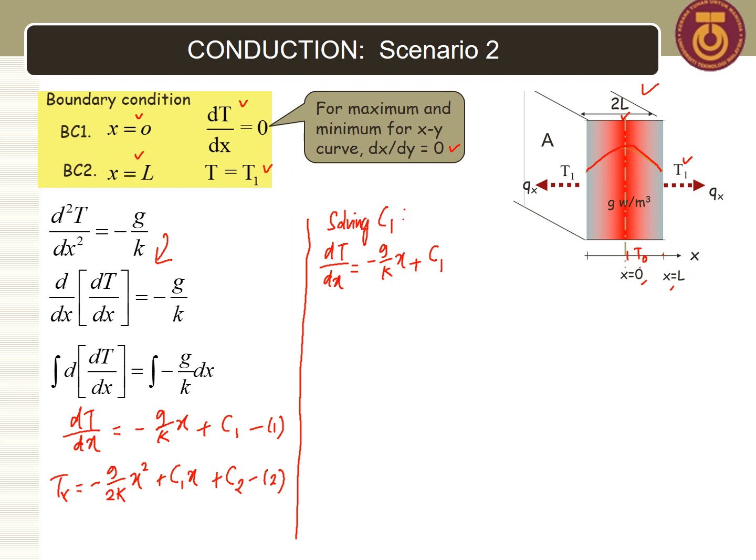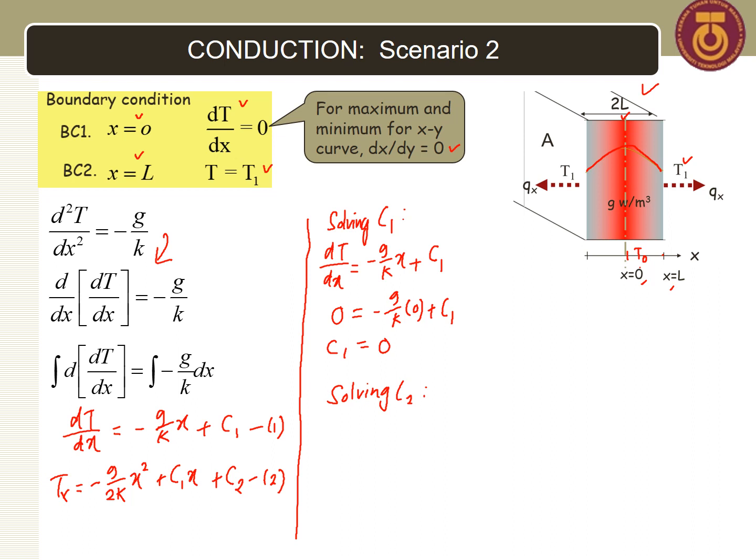When we consider boundary condition number 1, at this condition dT over dx equals 0 because the temperature is maximum at this point. Then g over k and x equals 0, plus c1. So from here we know that c1 equals 0.